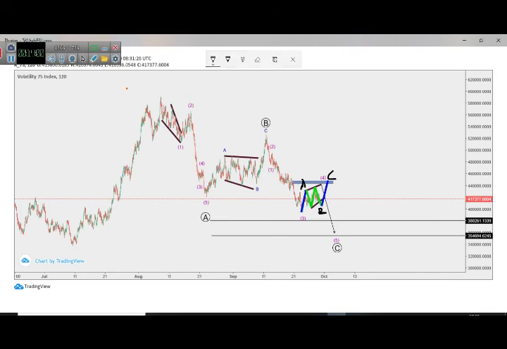So there is a very good sell opportunity around these levels on V75.